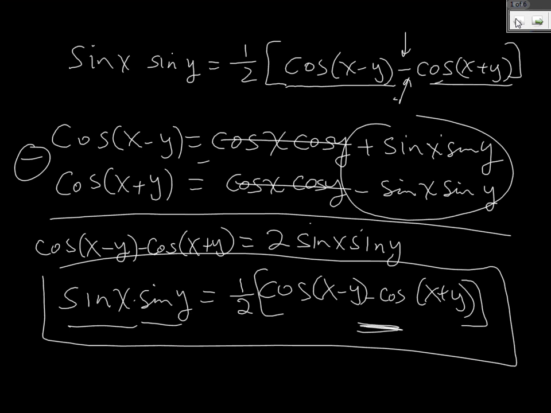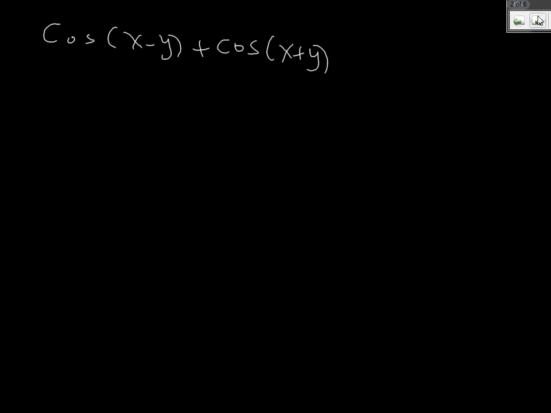Next one. We want to show that cosine of x minus y plus the cosine of x plus y is equal to cosine of x times the cosine of y, and once again this is times a half.